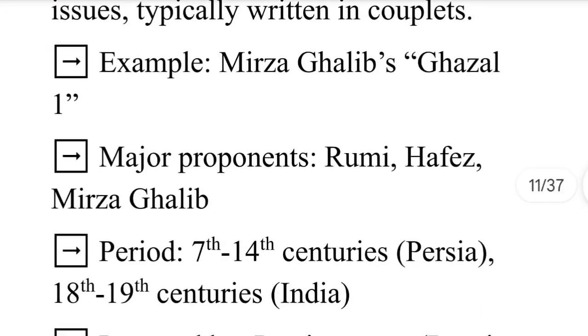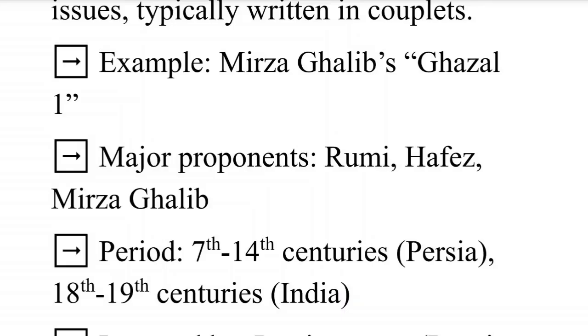When it comes to the periods, it became popular during the 7th to 14th centuries in Persia and the 18th to 19th centuries in India. After the Mughal emperors and other kingdoms conquered India, poets started using this form of poetry in India.